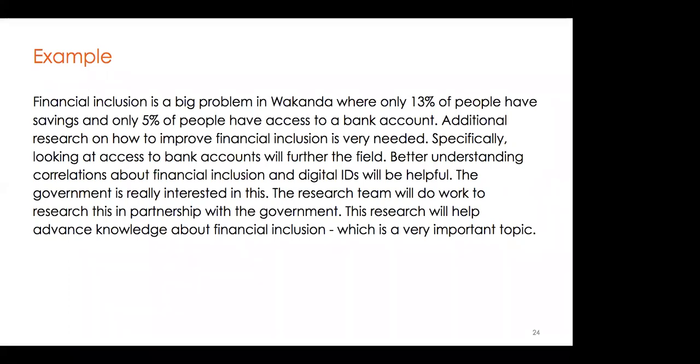Because we look at RCTs and causal impacts, there's a large focus on quantitative methods, but we completely understand the importance of qualitative methods to understand mechanisms or to support the quantitative findings. So I would say qualitative is great as long as it comes with a very strong quantitative component.